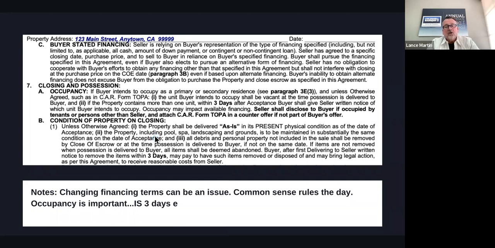Condition of property on closing. I love this paragraph. This paragraph has been in the contract as it's written for as long as I've been an agent. This is what I call the as is or in present condition portion of the contract. Occasionally I'll have an agent say, oh, well, you can't sell properties as is, or you can't sell the property like that, or you've got to clear that up.